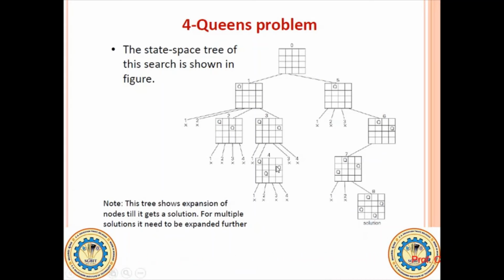Even then we didn't get any feasible solution, hence we moved back and changed the position of queen 1. That is how queen 1's position changed from the first place to the second place, and from the second place we got this solution. So this is how we have applied the backtracking concept in order to find the solution for the four queens problem.